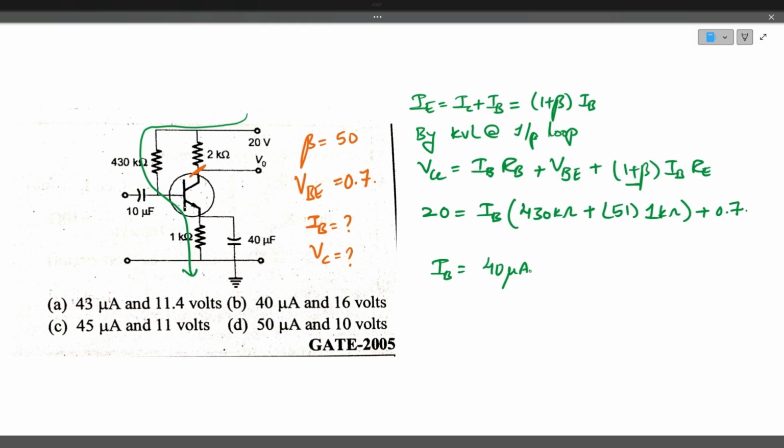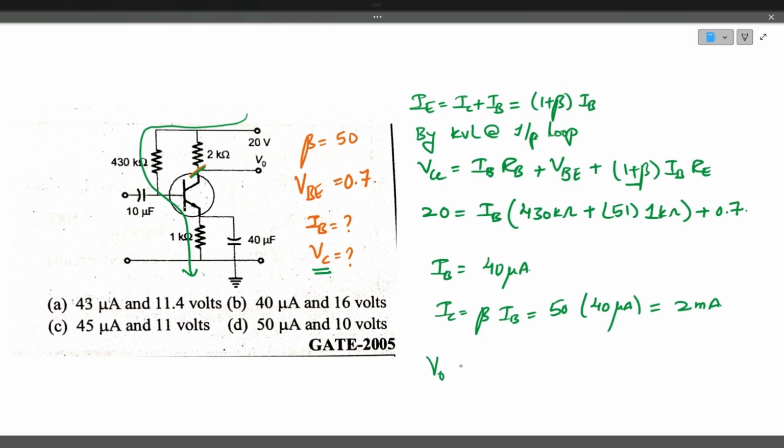So now the collector current can be easily given from the base current, which is nothing but beta into IB. Beta value is 50, the base current is 40 microamperes, which results in 2 milliamps. So now the collector current and base current are known. We have to find the collector voltage at this point, PC or V out, both are the same.